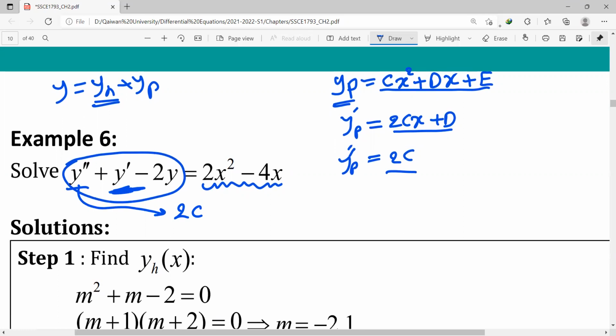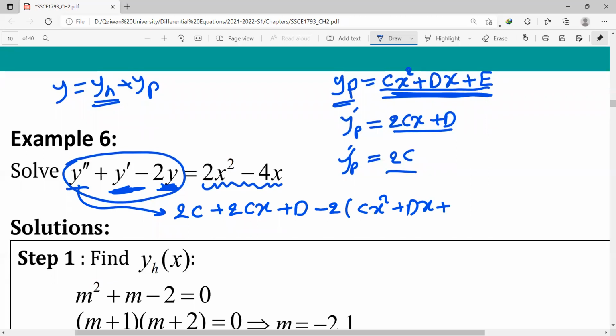And y prime is 2cx plus d. Then plus, here we have minus 2. Minus 2 y, and y is this polynomial, Cx squared plus dx plus e, equals the right hand side, 2x squared minus 4x.